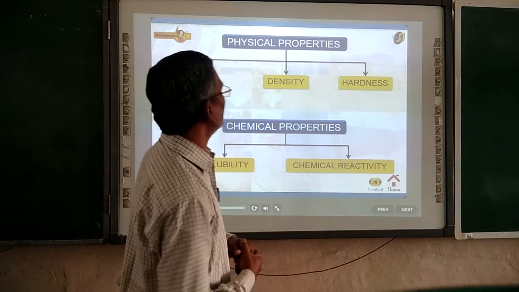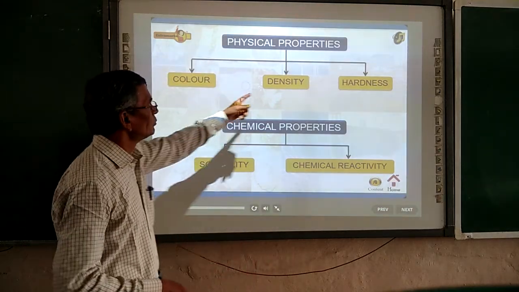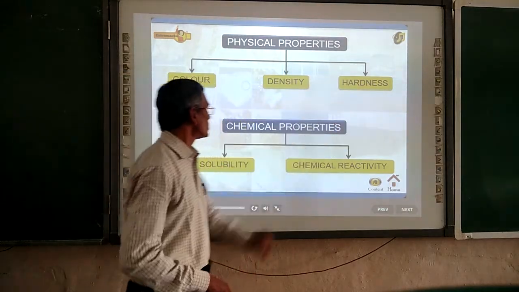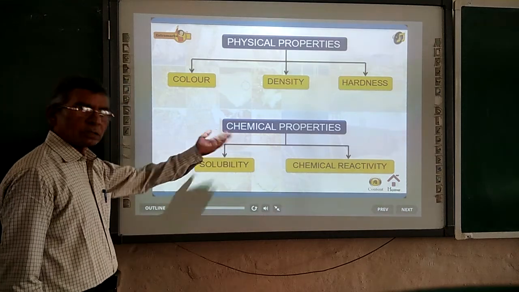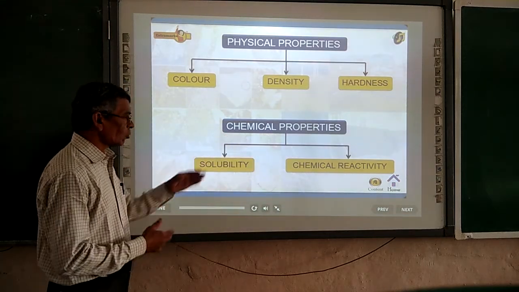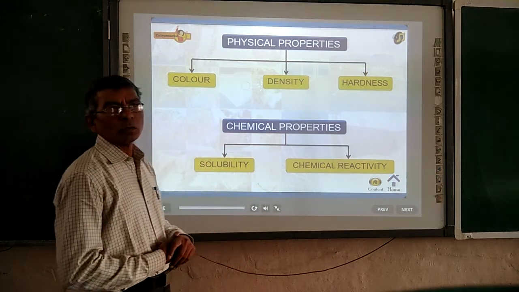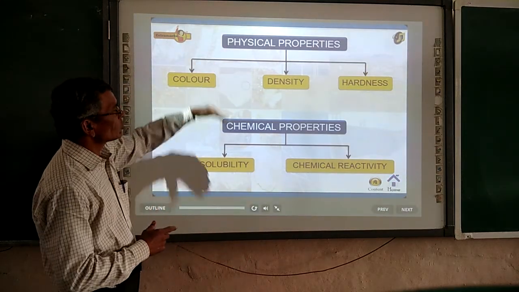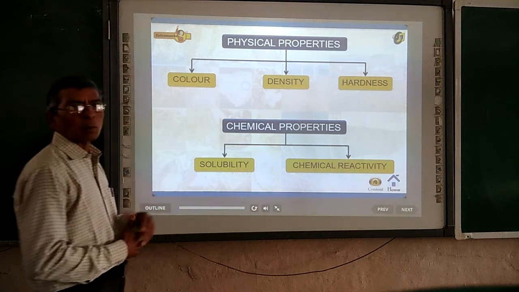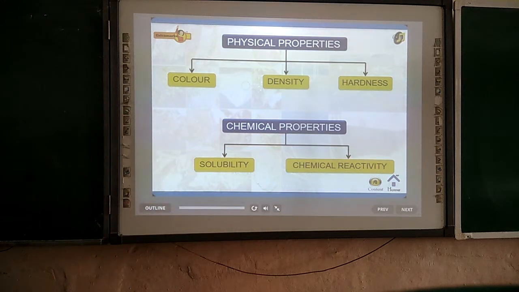By seeing the color, density, hardness, and at the same time the chemical properties like solubility and chemical reactivity, minerals can be classified based on both physical and chemical properties.